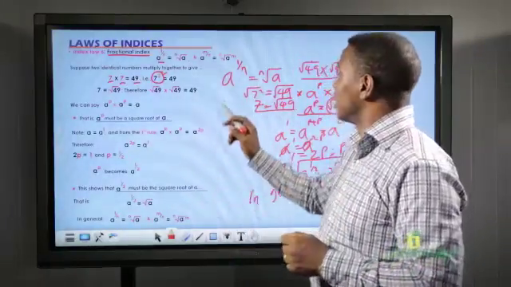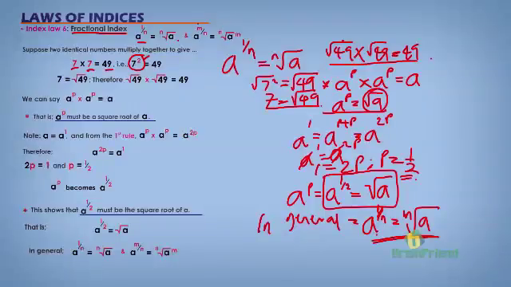But quickly, there are instances where we have fractional powers in this manner, m over n. Our m here refers to our whole number power, while n represents our fractional power.